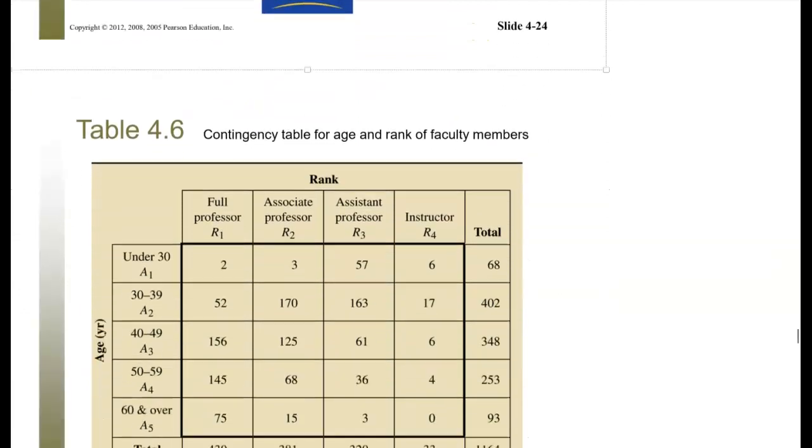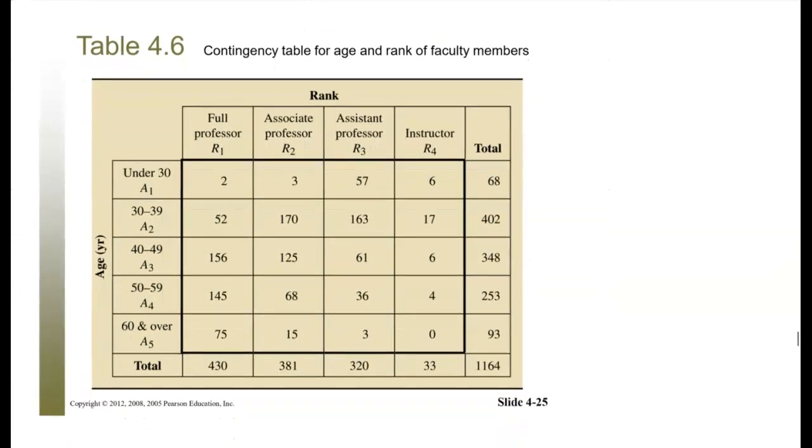So I'm going to show you a very basic contingency table. The two variables, one of them is age, and the other one is rank of faculty members at a university. So when you look at this contingency table, notice we have a total of 1,164 faculty members.